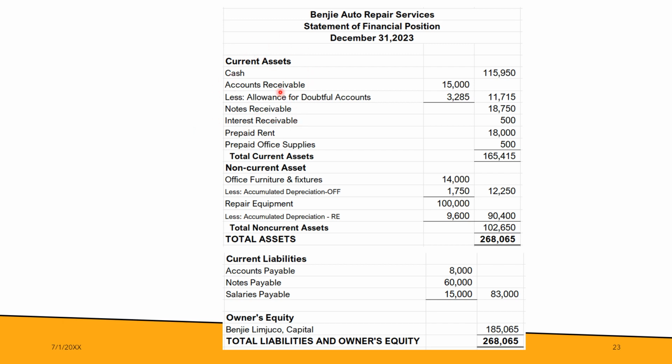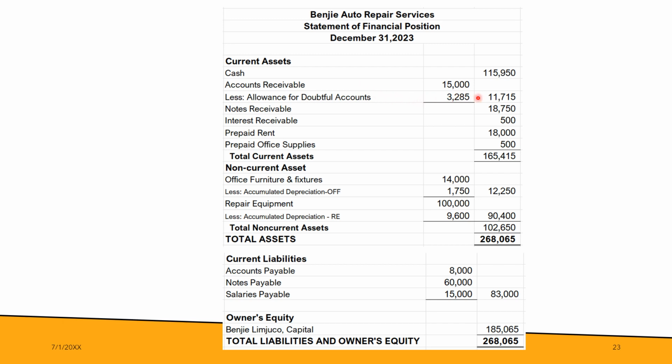And then in your accounts receivable, you will notice that there is a contra account. That contra account is called allowance for doubtful accounts, and this is actually deducted from your accounts receivable. And the difference is the net realizable accounts receivable.